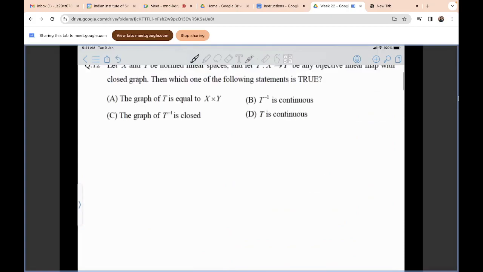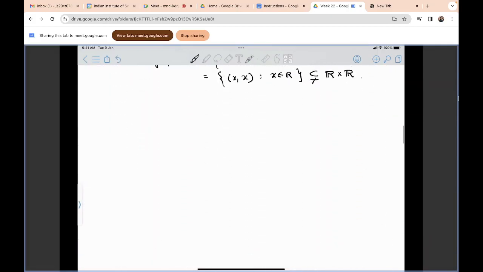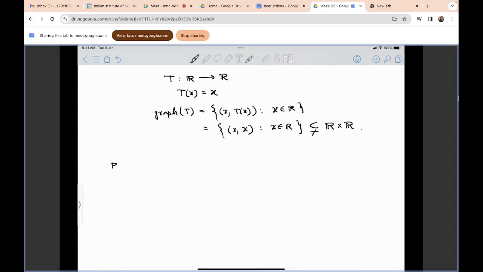And the next option, option B, is saying that T inverse is continuous. So B, T inverse is continuous.